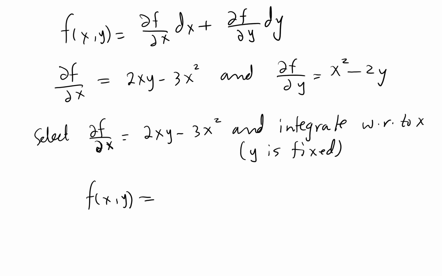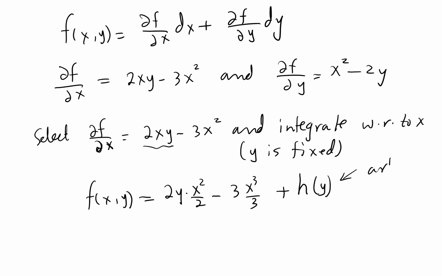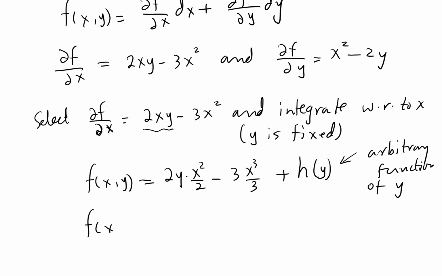The integral of this one, 2y stays the same. x is x squared over 2 minus 3 x cubed over 3 plus a constant. That constant, let's call it h of y. So that's any arbitrary function of y. And after simplifying this, the 2's cancel, you get y x squared minus x cubed plus h of y.